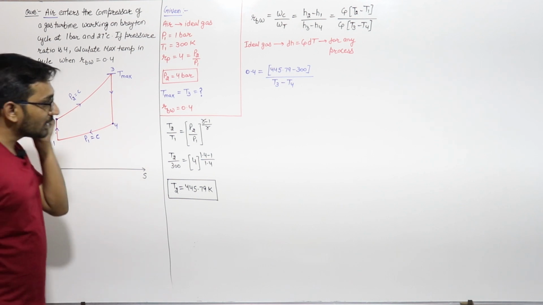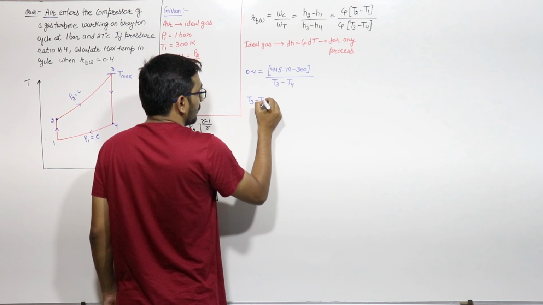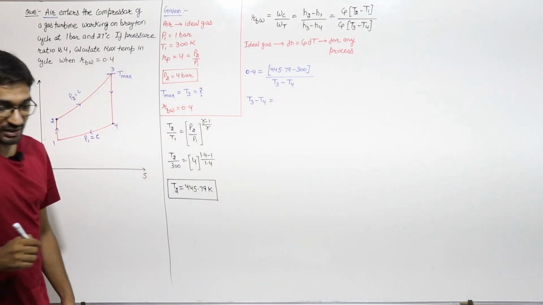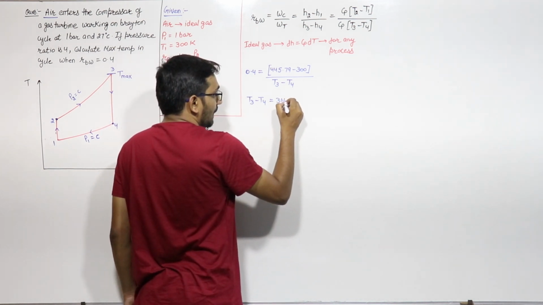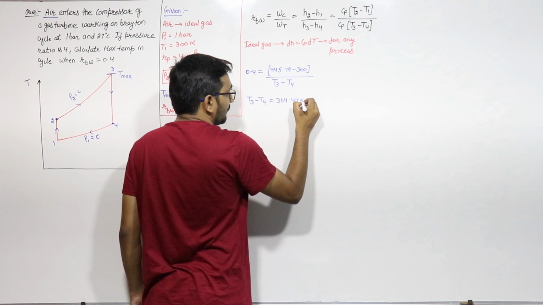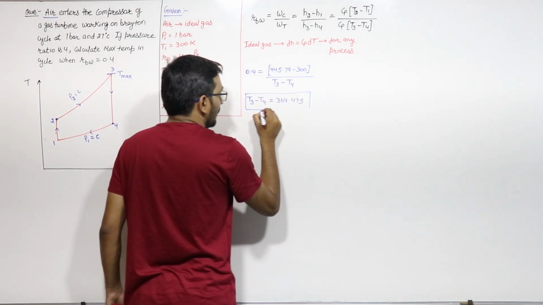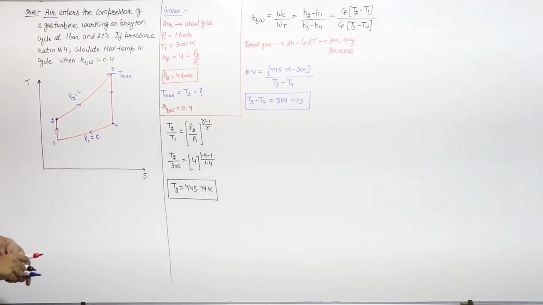So from here, if you solve this, you will get that T3 minus T4 will be equal to 364.475. This is one equation in terms of T3 and T4. This is your first equation in terms of T3 and T4.